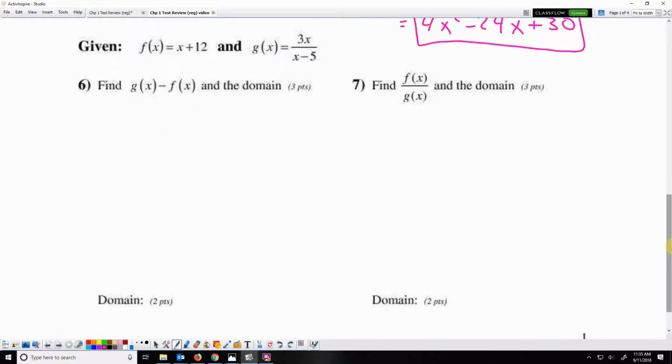Okay, evaluate g of x minus f of x and find the domain. So that's 3x over x minus 5 minus x plus 12. In order to subtract these, we must have a common denominator. That common denominator is going to be x minus 5. So we need to multiply by x minus 5 over x minus 5.